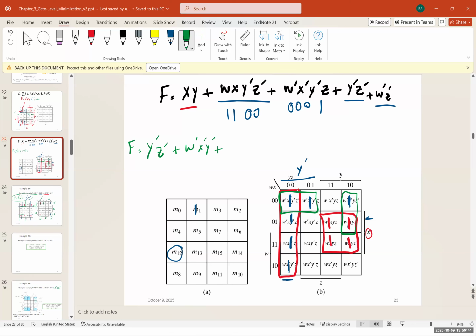These four are going to be x y, and the two in the right corner are going to be equal to y z prime w prime. So w prime y z prime. So we went from 5 to 4, simplified a little bit. But you can see that with these terms we have simplified at least one gate and one entire term.